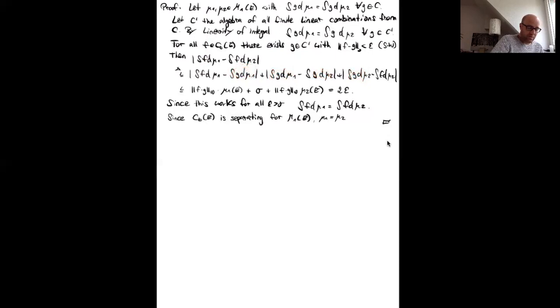So now let's look at each of them separately. That guy is 0. g is in C prime. But we know for C prime functions, the integrals are the same. Okay, can get rid of this one. So what is this? That's the same as the integral of f minus g d mu 1. And if I like, I also make it larger by taking the absolute value inside.